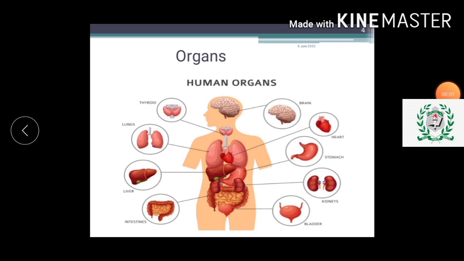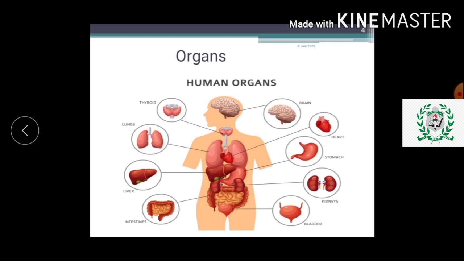Now kids, read along with me: brain, heart, stomach, kidneys, bladder, thyroid gland, lungs, liver, and intestines. These organs are called internal organs, since they are present inside our body.